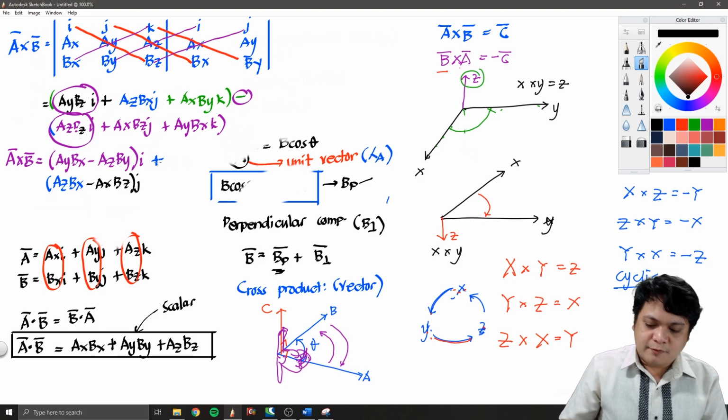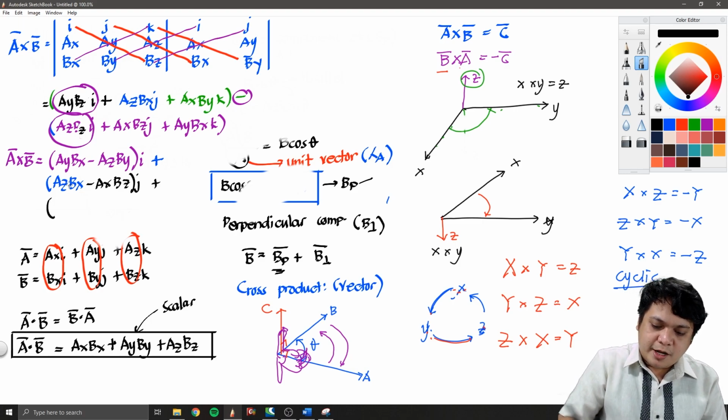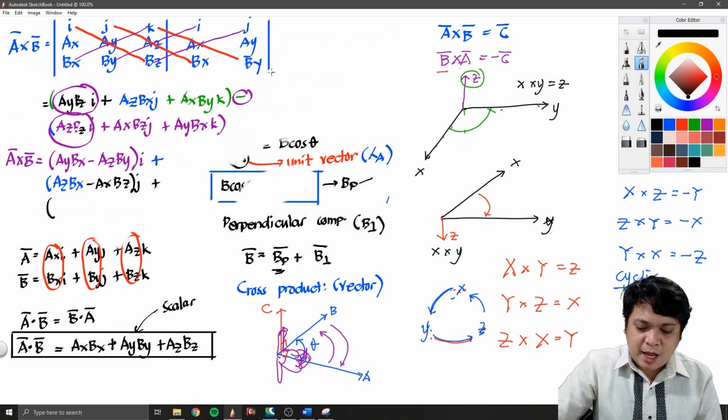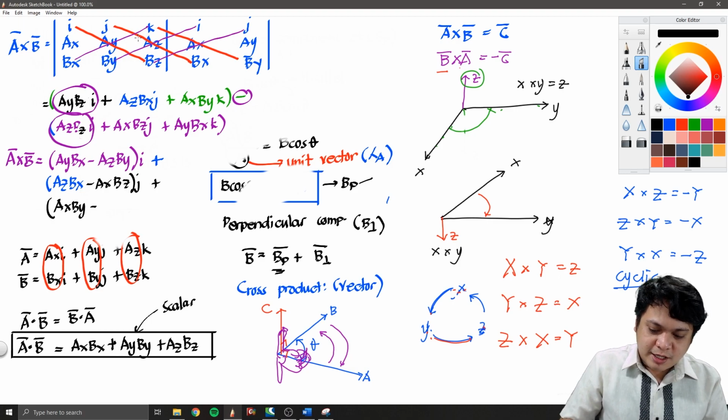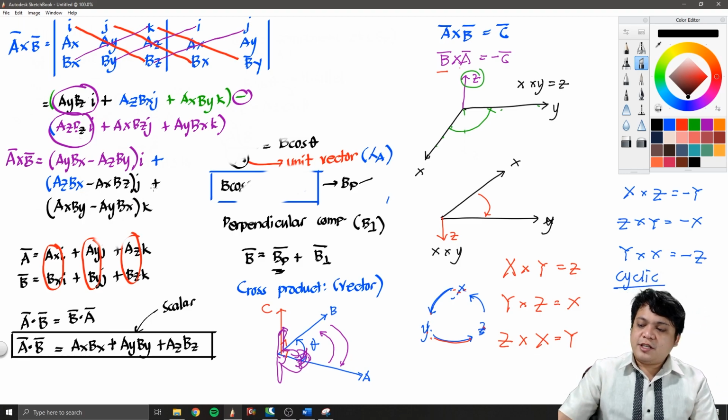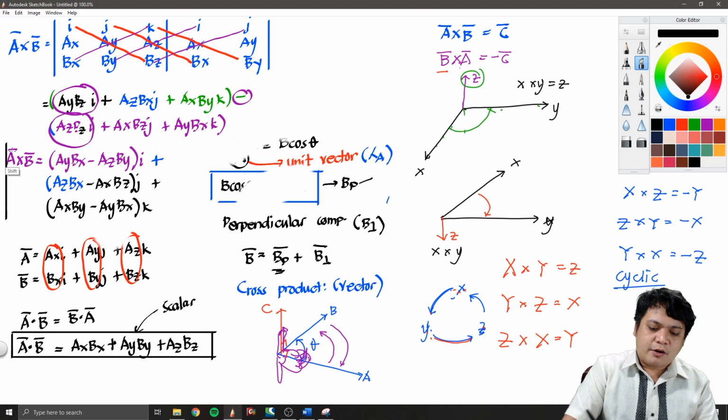And this is for the J. And then for the K, so you have this one, AX BY, and then, ima-minus natin yung K na yon. So, that is AY BX, and then K. Okay? So, this is now the definition of our cross product.